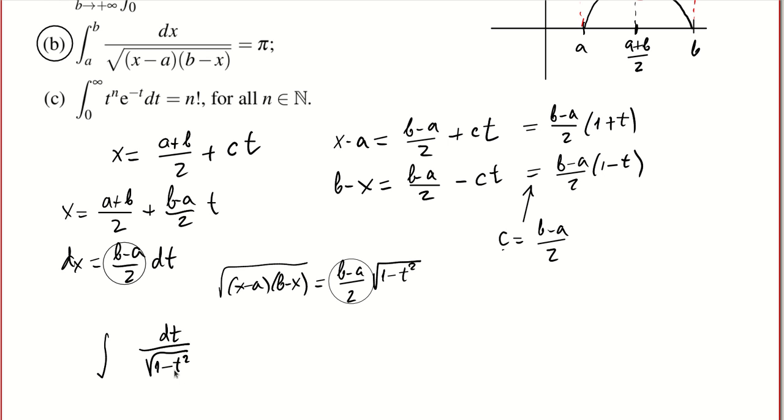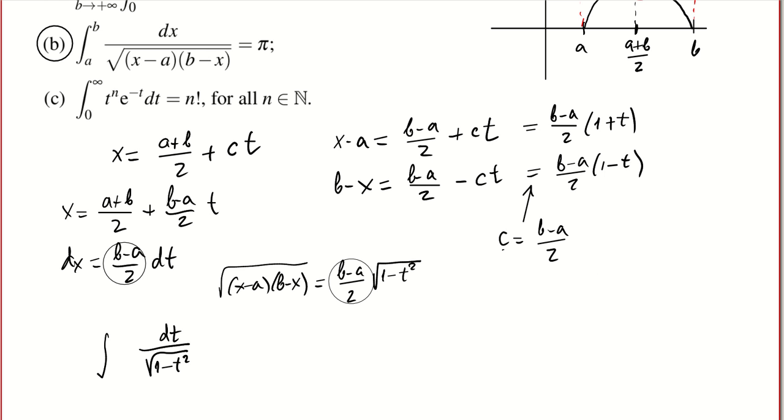Okay, what happens with the limit now? Okay, we have to just substitute x by a and b and see what happens. So for x equal to a, well, actually you can see it here more easily.